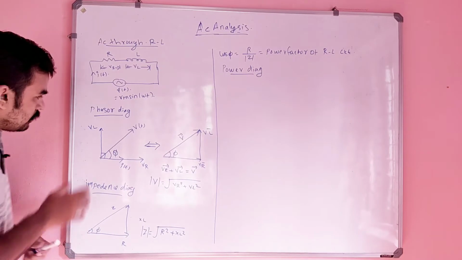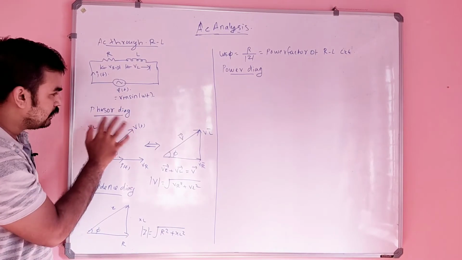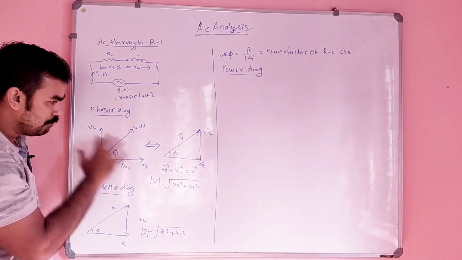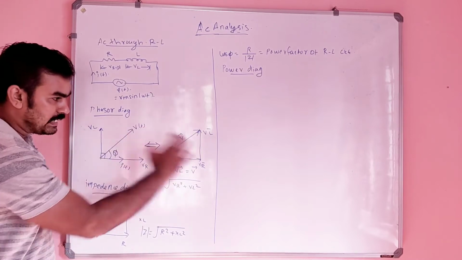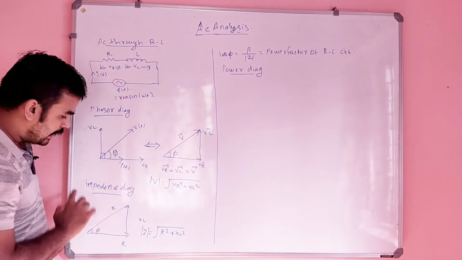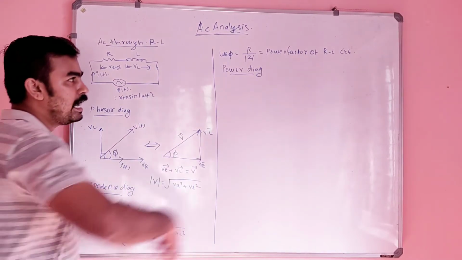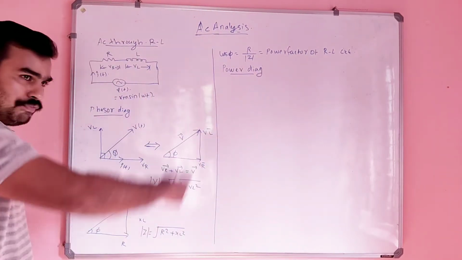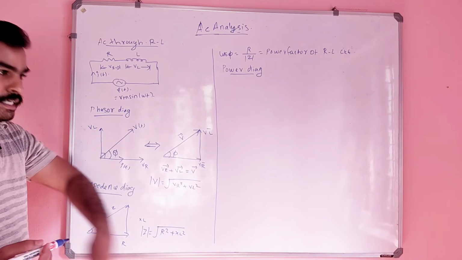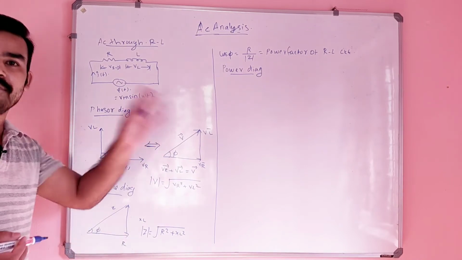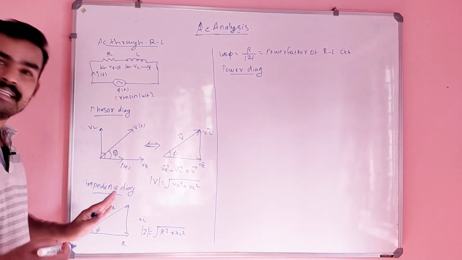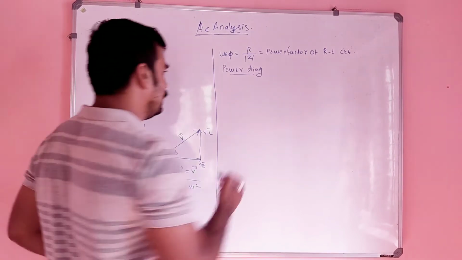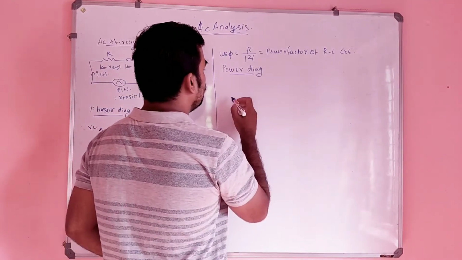First you draw the phasor diagram connecting V and I, then you extract the voltage from that and go for the impedance diagram, and then the power diagram. In continuous circuits this flow is the same: first phasor diagram, impedance diagram, and next power diagram.